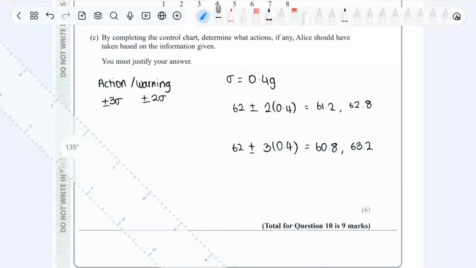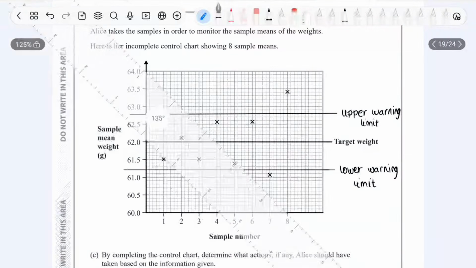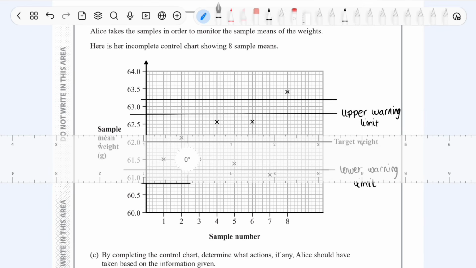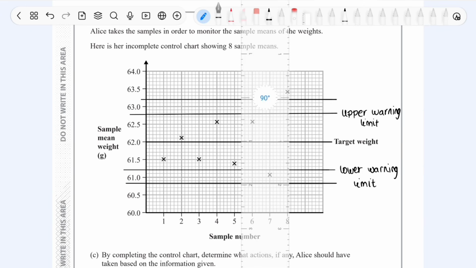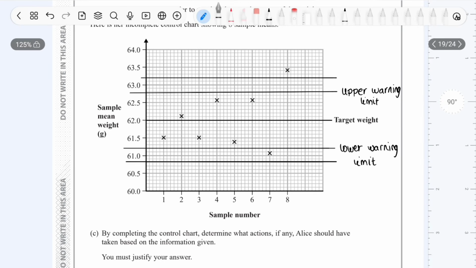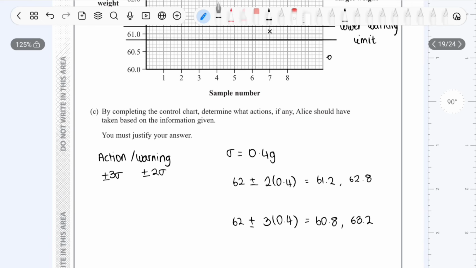So now we need to plot those lines, 60.8 and 63.2. Now we need to label these ones, and this will be our upper action limit and the lower action limit.